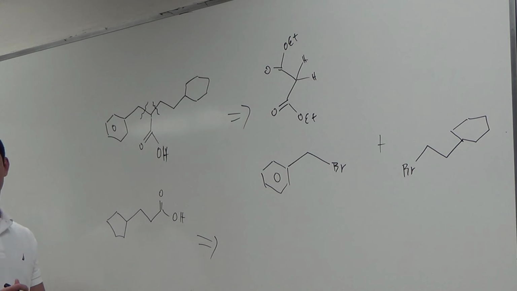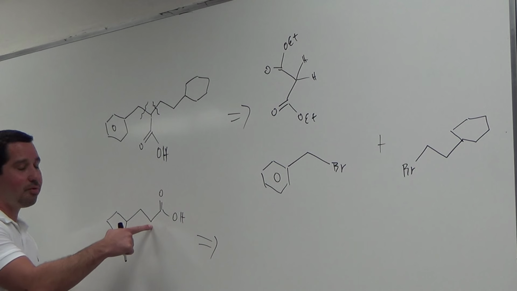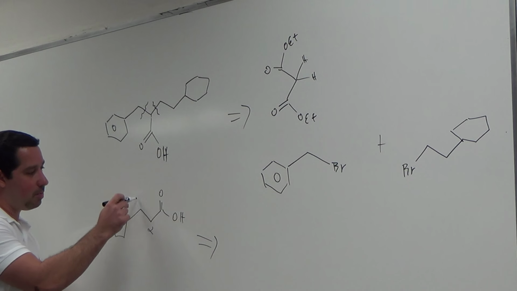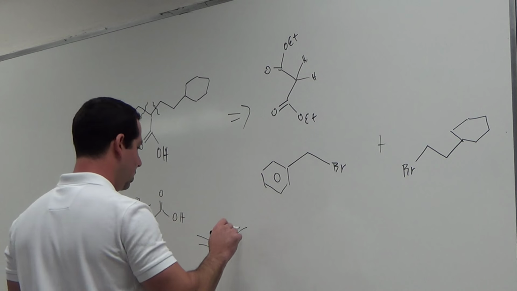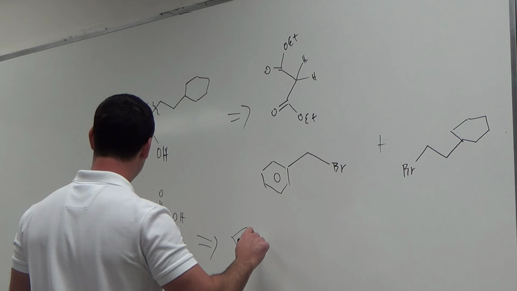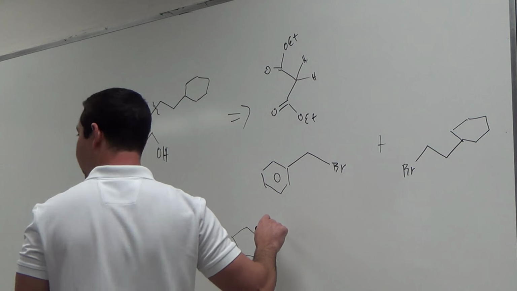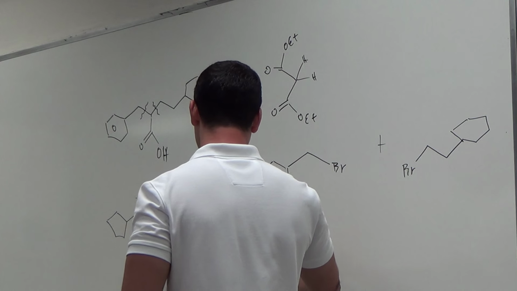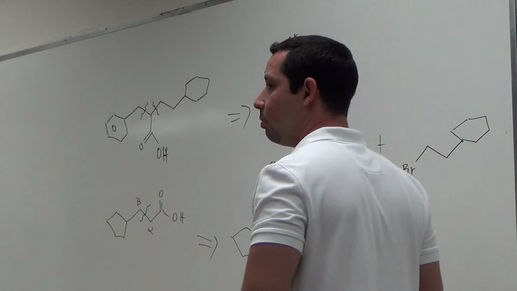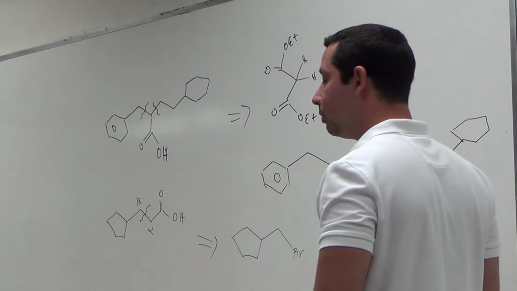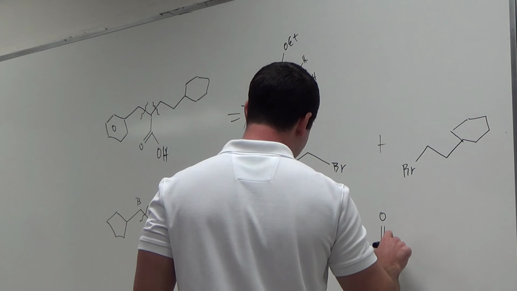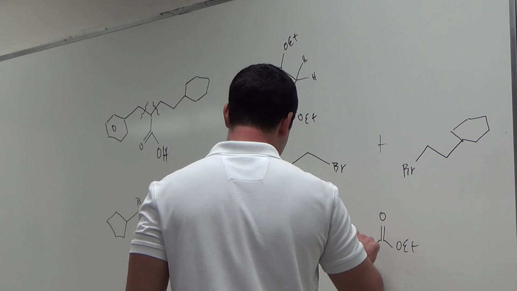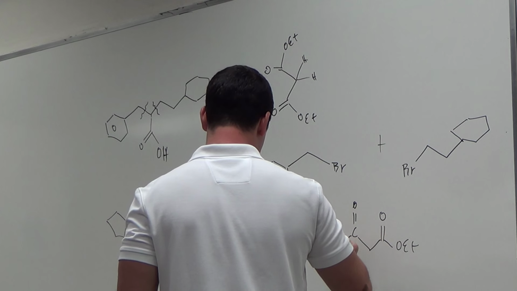Where am I going to cut it? I am going to cut it between alpha and beta. Here's alpha, yes? And I'm going to cut it right here. And what I get is CH2, you go down, Br. And then, where did that come from? That came from malonic ester, which is this stuff.